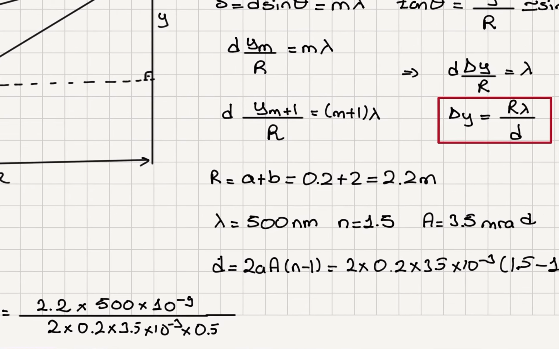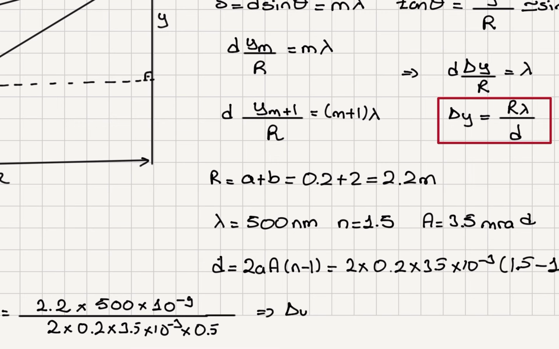And that gives me the separation between two consecutive bright fringes to be 1.57 times 10 to the minus 3 meters.